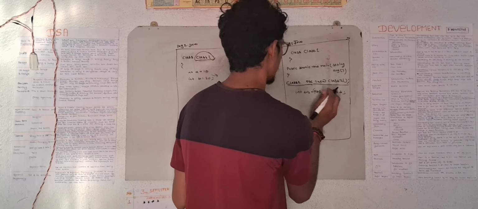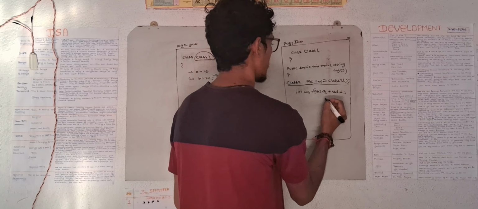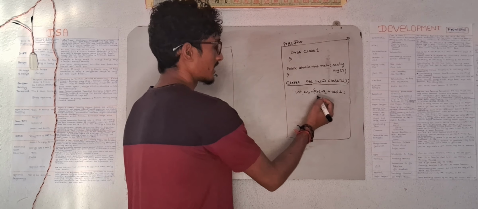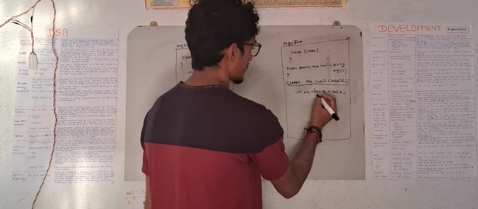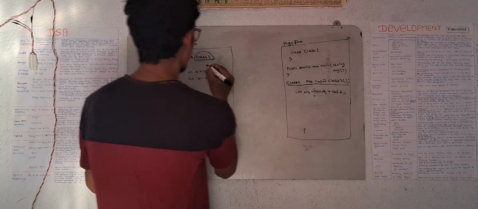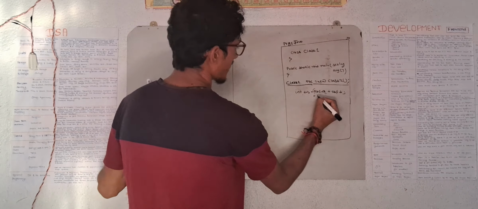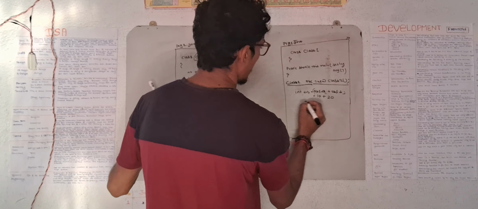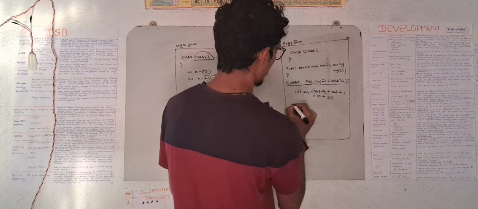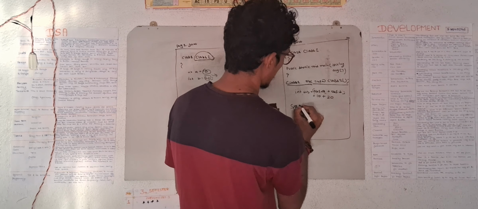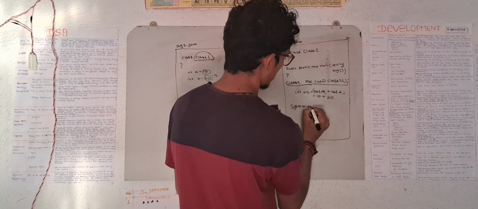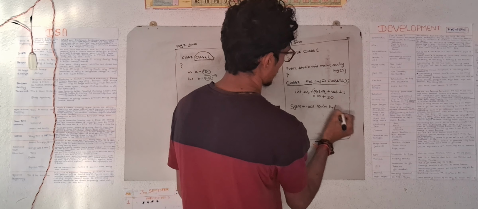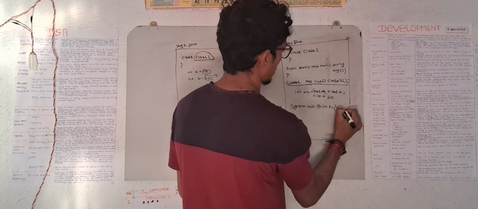The value of a will come as 10 and the value of b as 20, and we will print the sum of a and b.